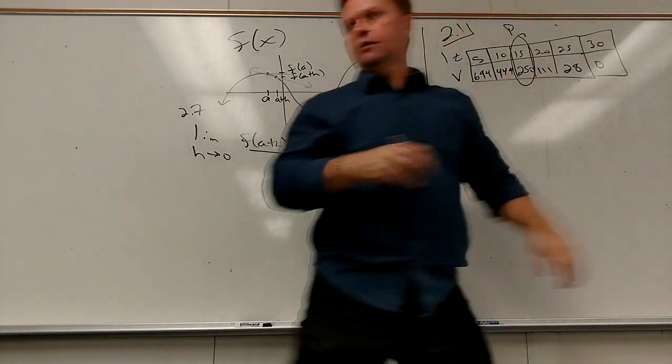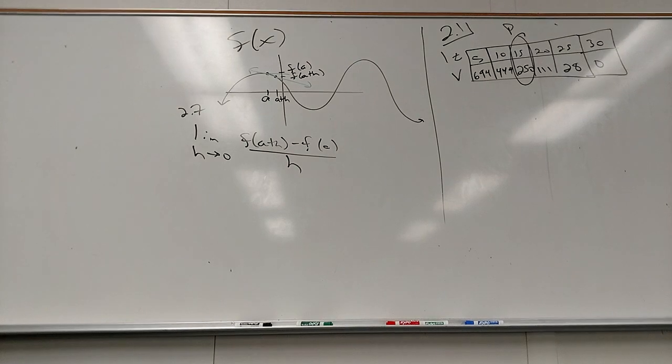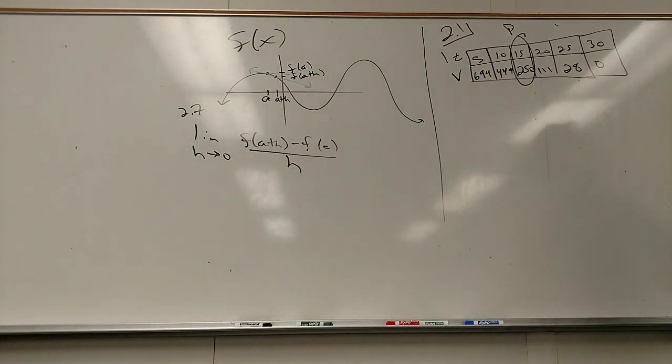So the point 15, 50 is that one right there. So if I get the slope between these 2 points, that's going to be a decent approximation, but that looks like it's going to be a little too negative. Do you see that? It should be a little more positive. If I get the slope between these 2 points, that's a little too positive. So how can I estimate the slope at that point?